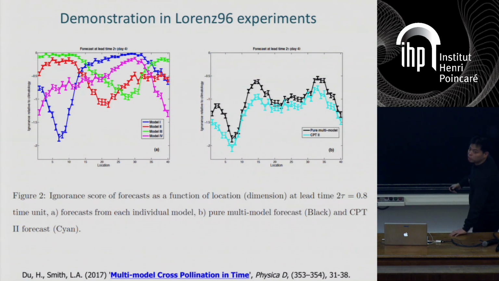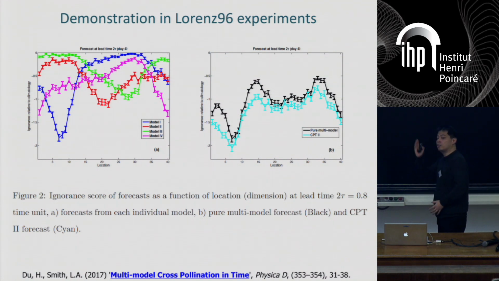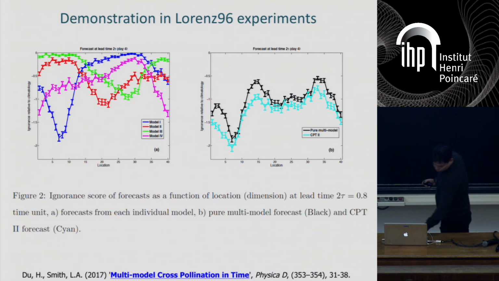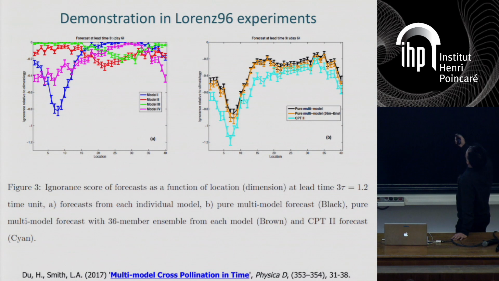This is because after we made the communication at the first cross-pollination time window, the information has been fed into the model initial conditions to launch the forecast at the second cross-pollination time. Then we move on to the third cross-pollination time.